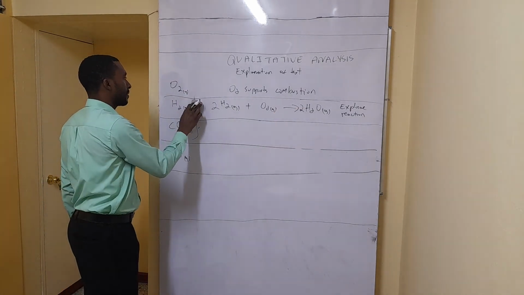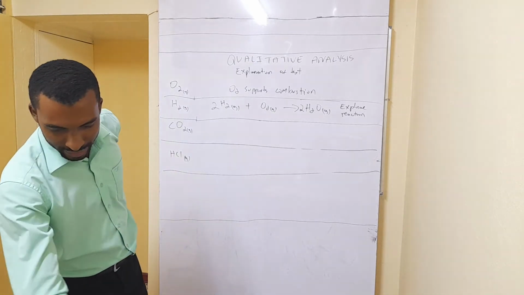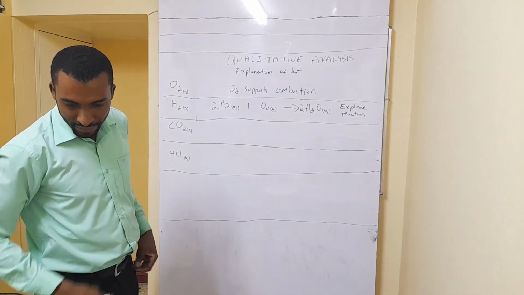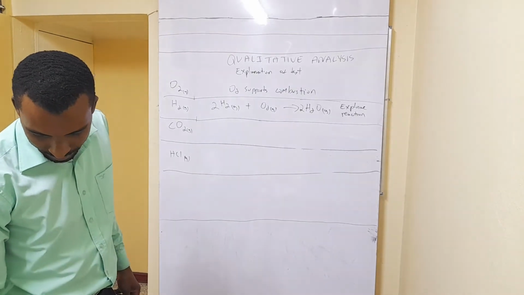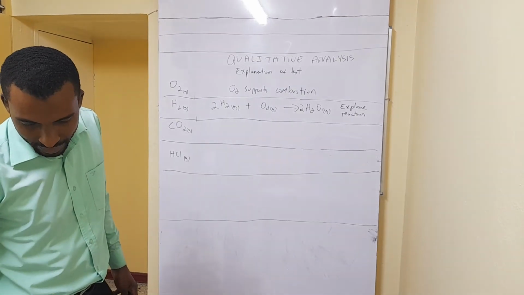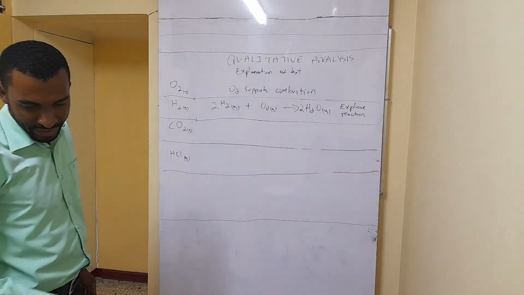So for carbon dioxide, as I said before, it forms the white precipitate with calcium hydroxide.